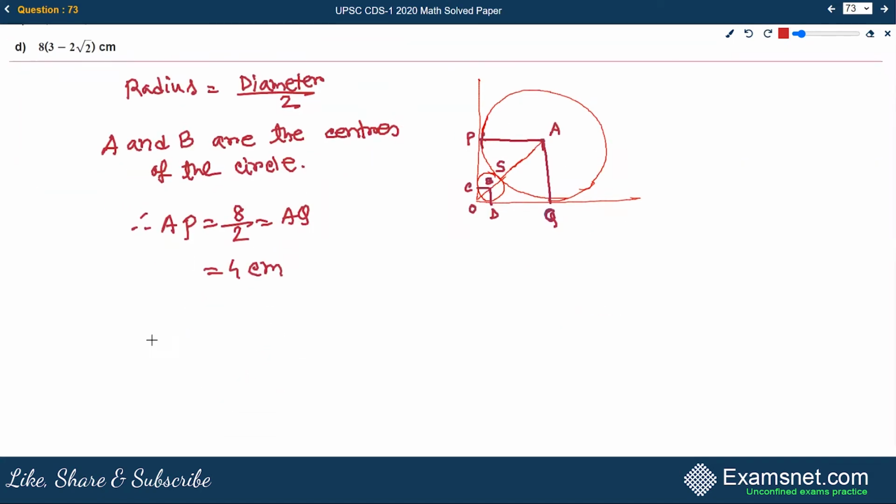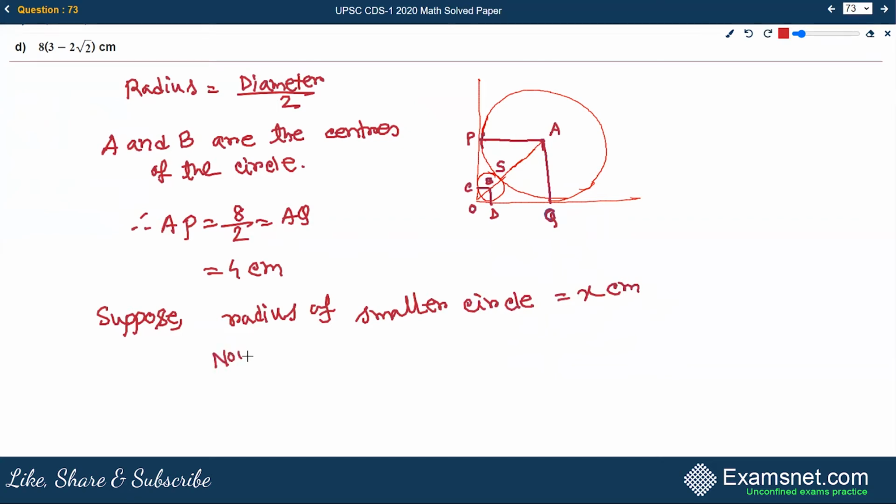Now suppose the radius of the smaller circle is x centimeter.